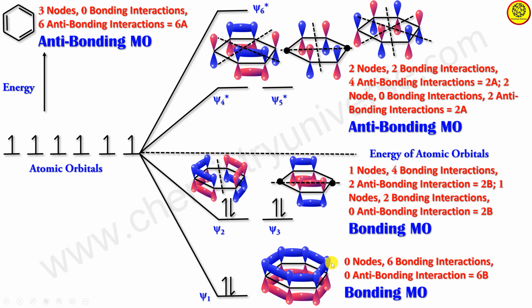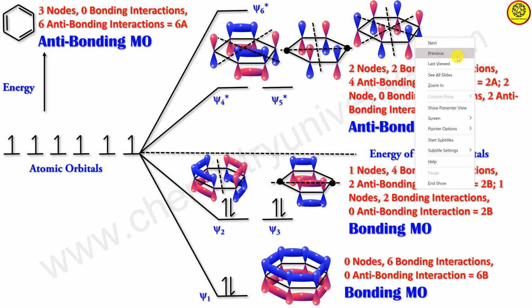But this makes the system so stable by bringing it down that it net becomes more stable than the linear chain. And remember, in the previous case, there were only 2 electrons in Psi2, whereas Psi3 was above this, having only 1 bonding interaction. Look at this one.